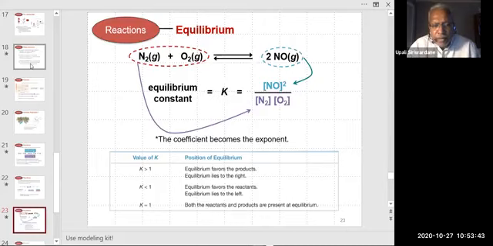If the equilibrium constant is less than 1, equilibrium favors reactants. Equilibrium lies to the left, on the reactant side. If the equilibrium constant is close to 1, both reactants and products are present at equilibrium in significant concentrations.